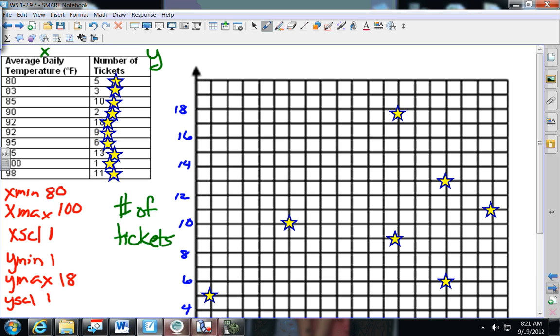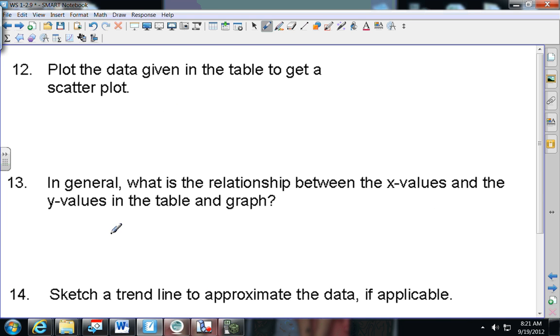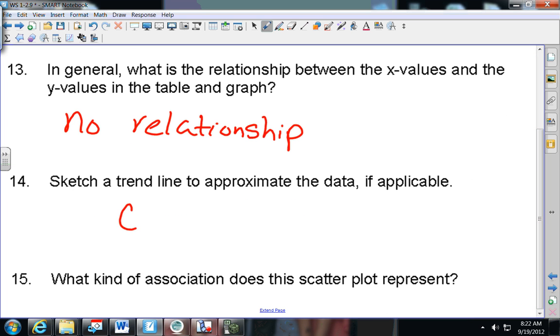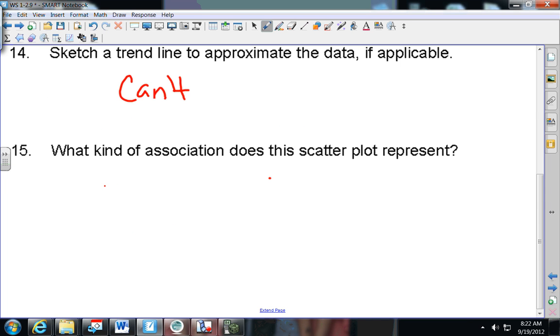Well, so in general, there is no relationship. To draw a trend line, you can't. There is no association.